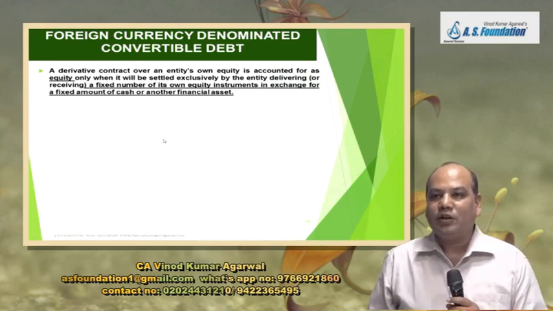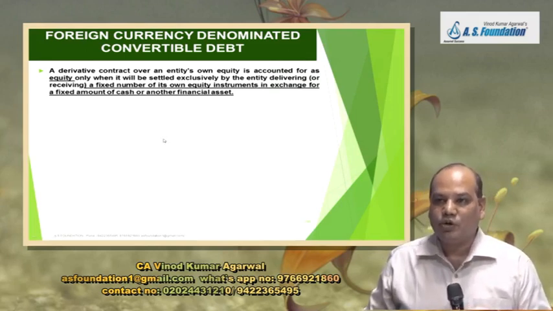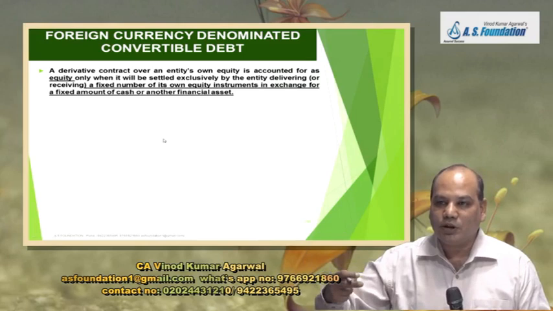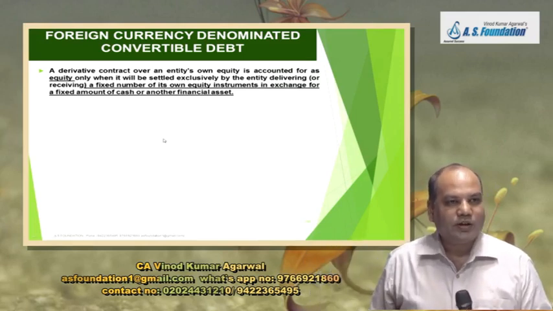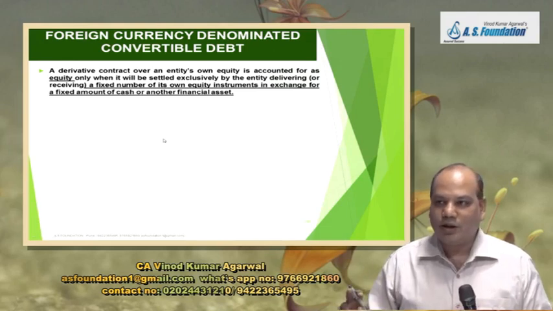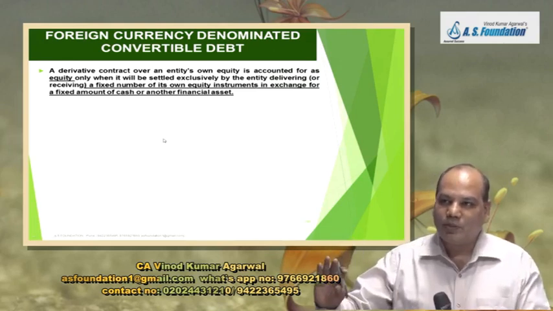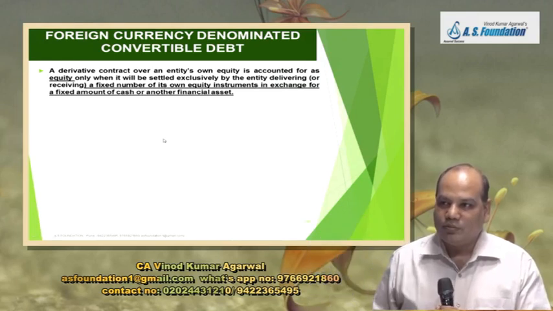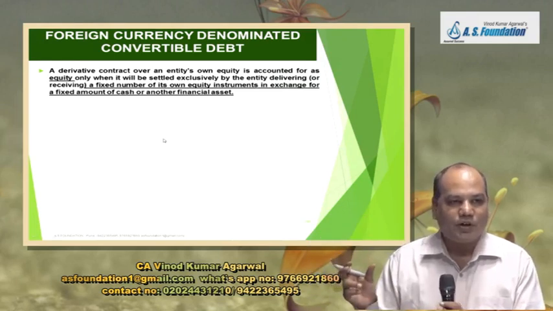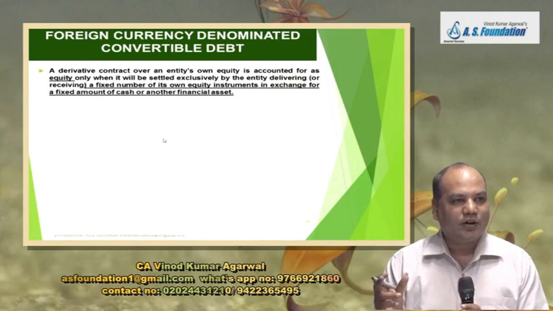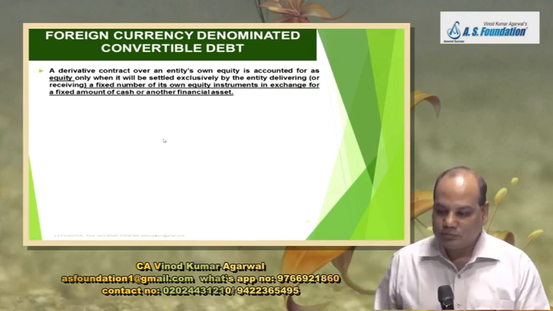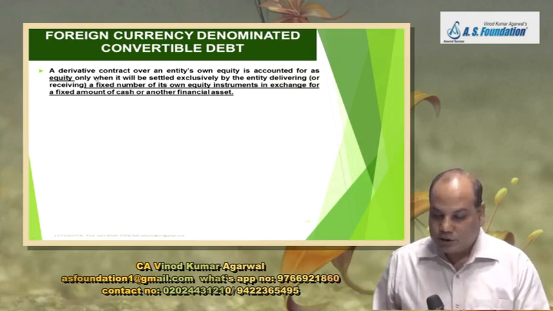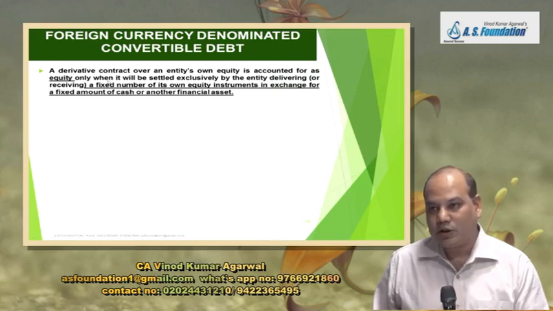It will be treated as a liability because foreign currency on converting into reporting currency can generate a variable amount as the exchange rate will change. Ind AS takes a view. This will be treated as equity because Ind AS considers fixed cash in foreign currency. IAS 32 says fixed cash in home currency, which can vary. This is a difference between IAS 32 and Ind AS 32.